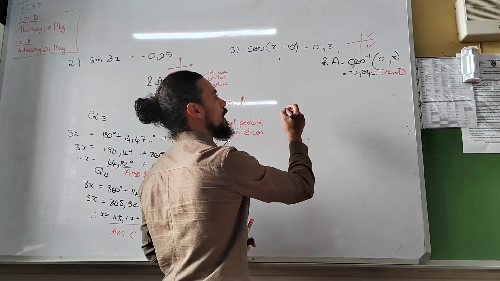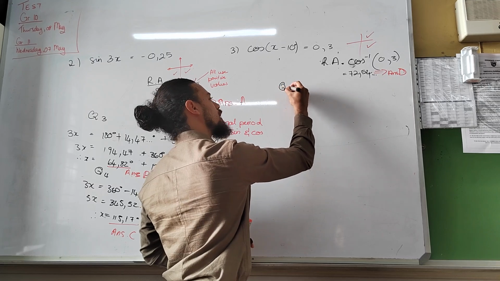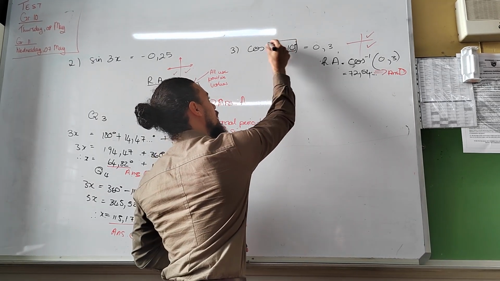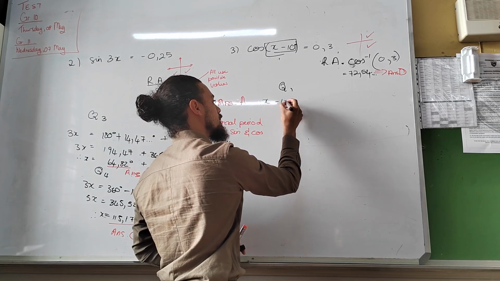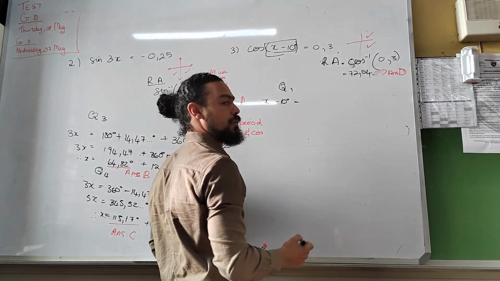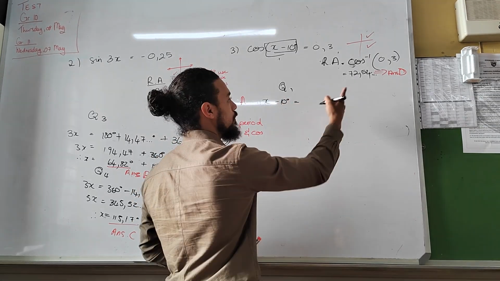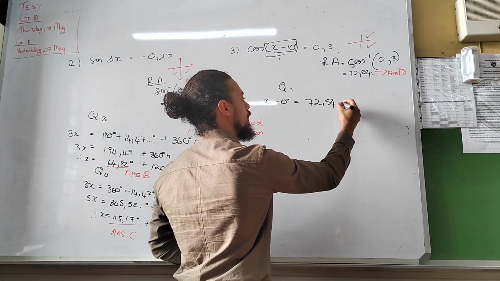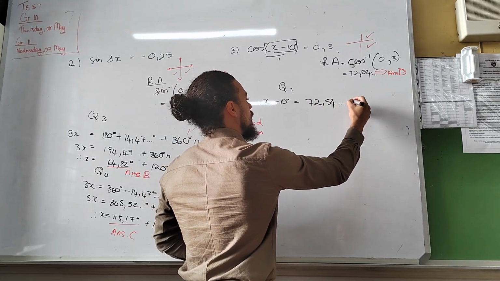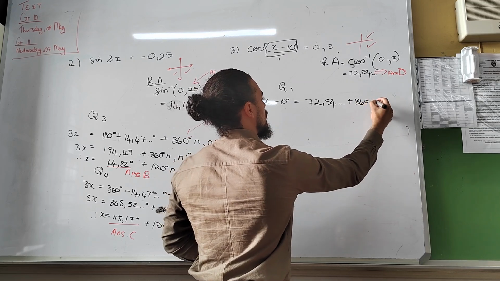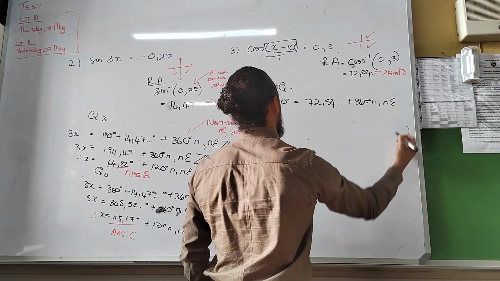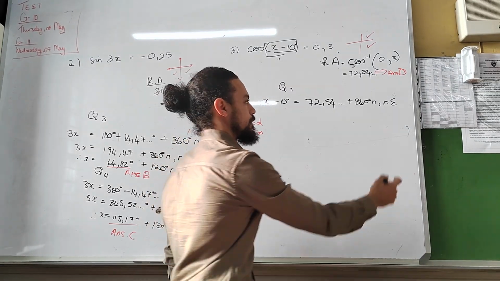Now we're going to work in quadrant 1. Quadrant 1 is very easy. It's just going to be this that is standing here, and that is x minus 10 degrees is equal to, what do I do? The reference angle. So that's equal to 72,54 plus 360n, and n is an element of integers.